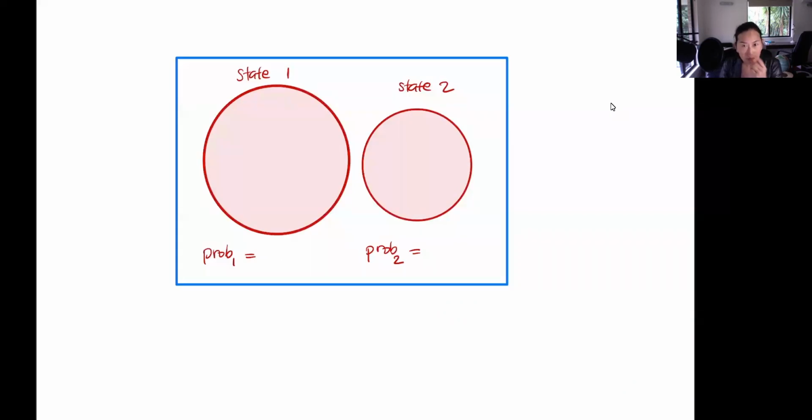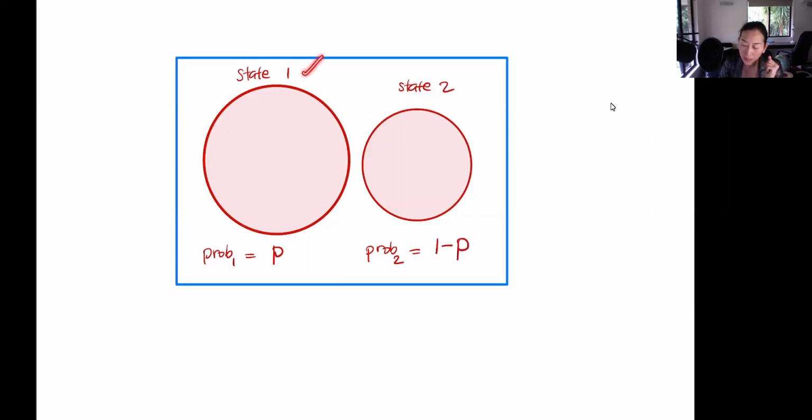Let's say that we're going to consider only 2 states, 2 possible events, to make your life easier. Since they are mutually exclusive, like we have state 1 and state 2, they do not overlap with one another, because obviously either state 1 happens or state 2, but not both together, right? Let's say that state 1 occurs with probability P. Therefore, state 2 would occur with probability 1 minus P, right?